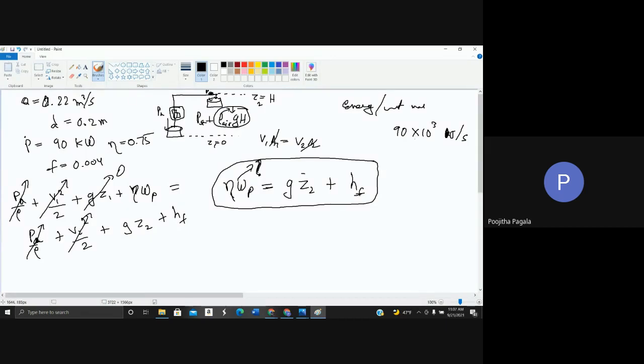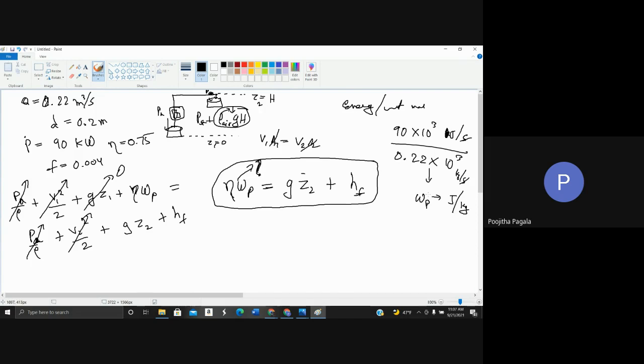And we also know that the fluid is flowing at a rate of 0.22 meter cube per second. If you convert it into kg, it is going to be 0.22 into 10 power 3 kg per second. By dividing these two, you'll be able to get the value of WP, and WP is going to be in joule per kg, because second and second will get cancelled.